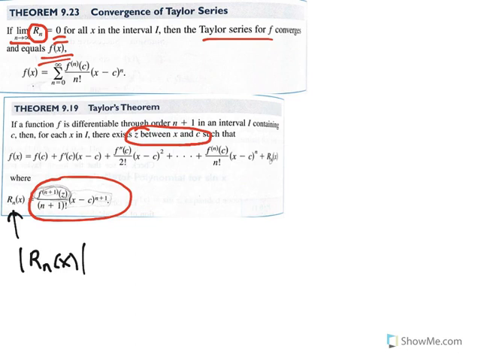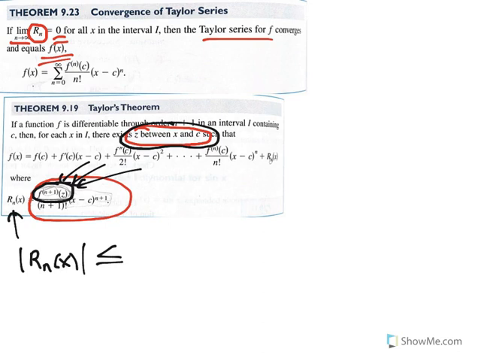And with z being between x and c, we don't have an exact value for the n plus 1th derivative of f evaluated at z. But what we can do is put an upper bound on what this could be. That would basically say that the error has to be less than or equal to the most it could be.